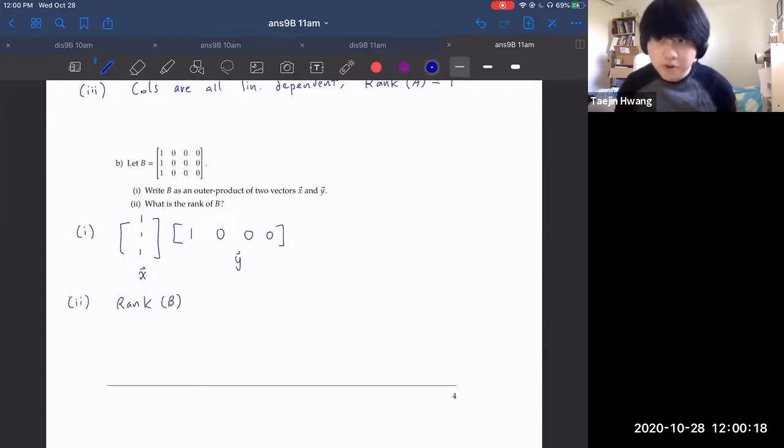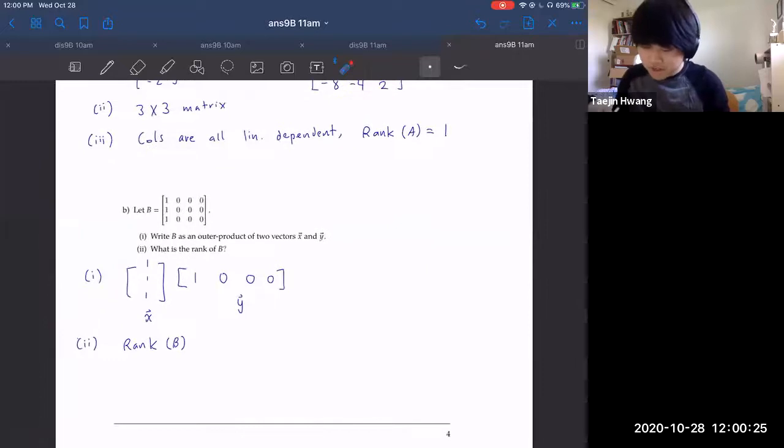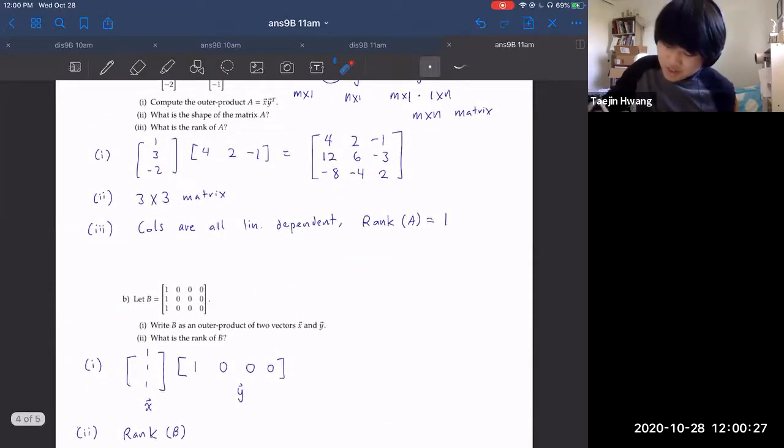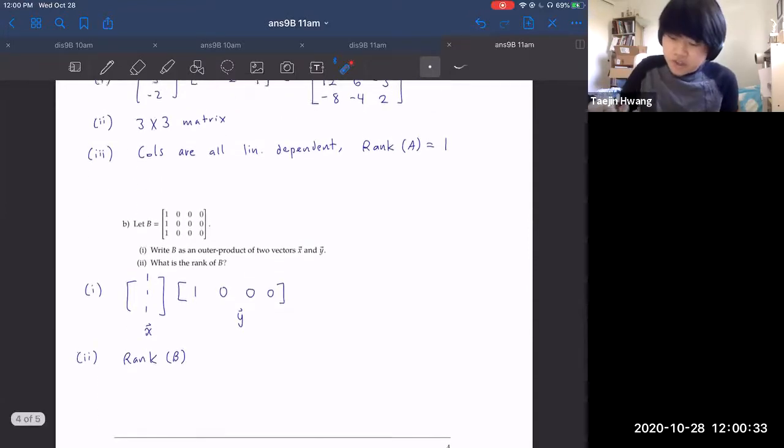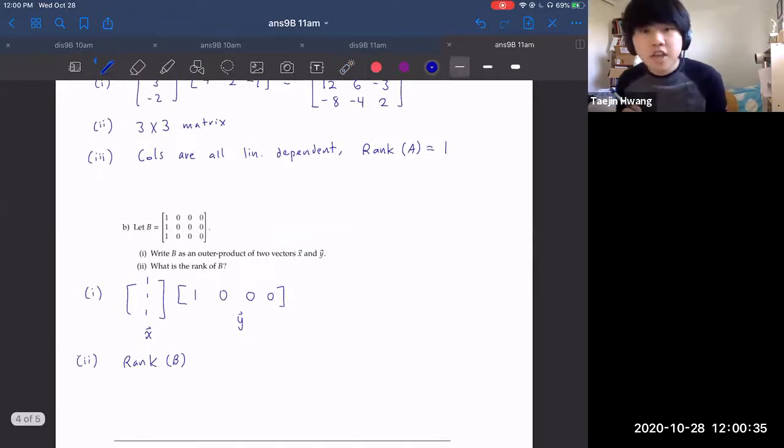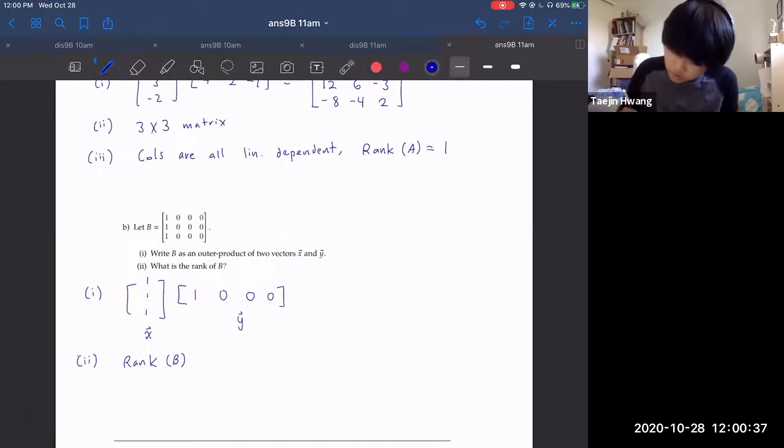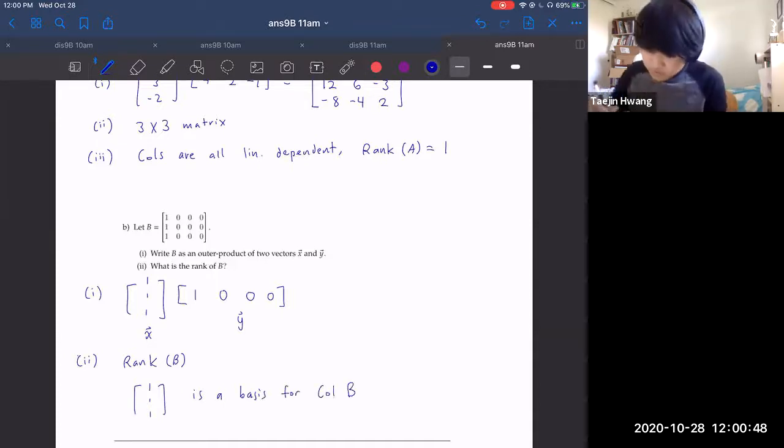The more important thing I wanted to mention is that when you have this outer product, x, y transpose, the vector x is going to span the column space. So 1, 1, 1 is a basis for the column space of B in this case.